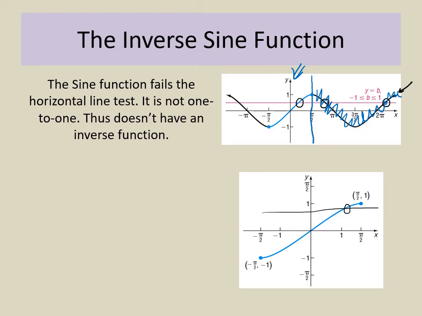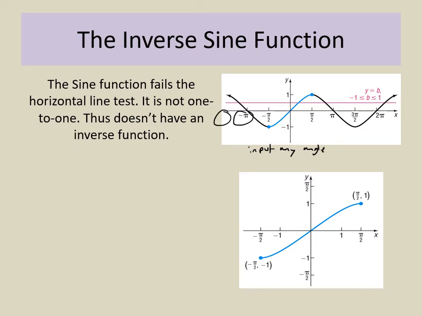So this is the trick, but now things are going to be different, because before, any angle, any negative angle, any positive angle, was the input of the sine function.